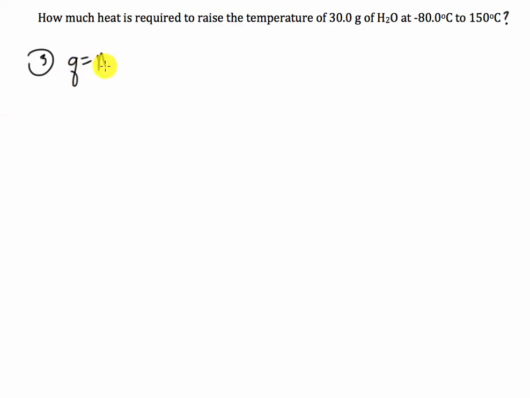Alright, so mass, specific heat, change in temperature. My mass is going to stay the same, 30 grams of water. And now that I'm dealing with the water in the liquid phase, I'm going to use a specific heat of 4.18 joules per gram degree Celsius. Don't forget those units.